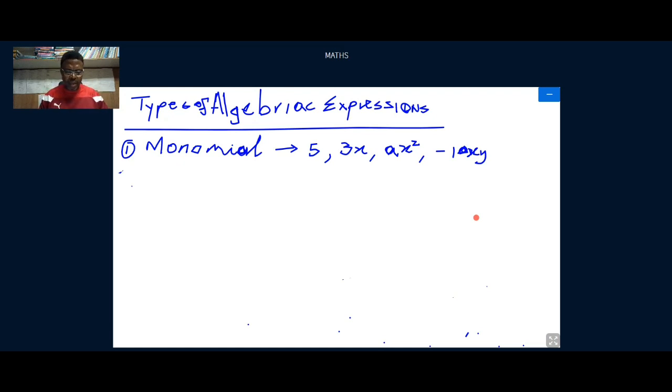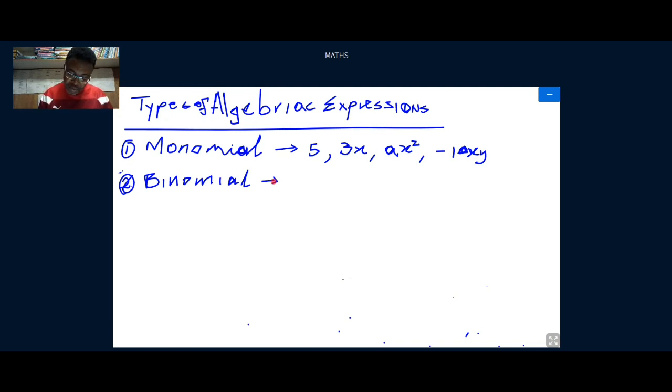Not really true, but in a binomial you have two terms.